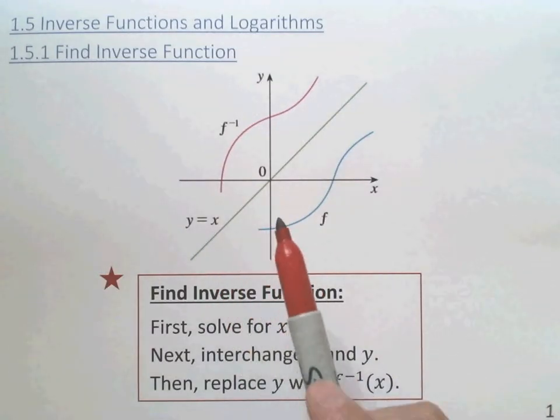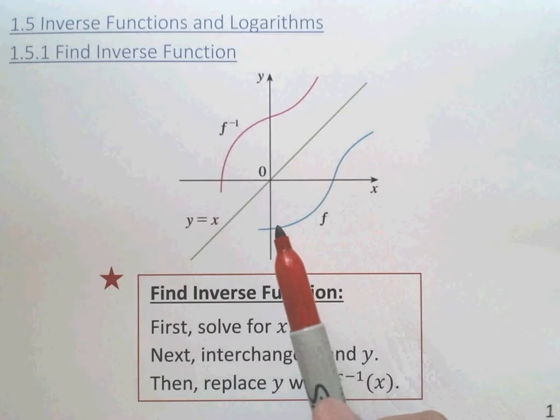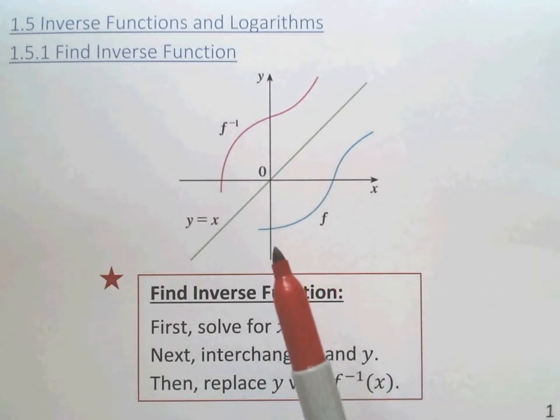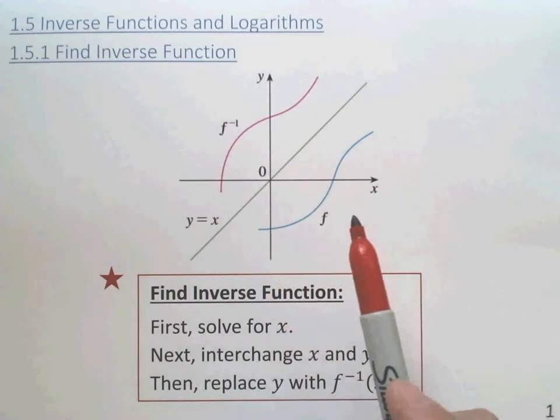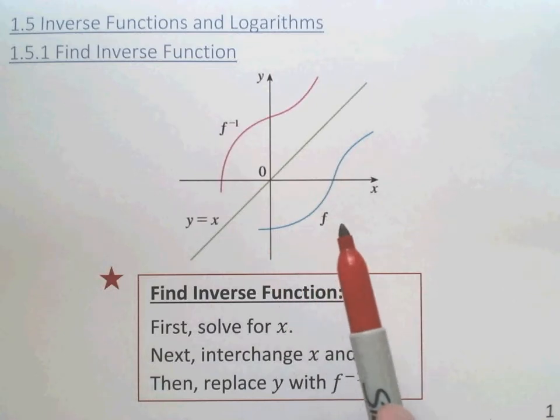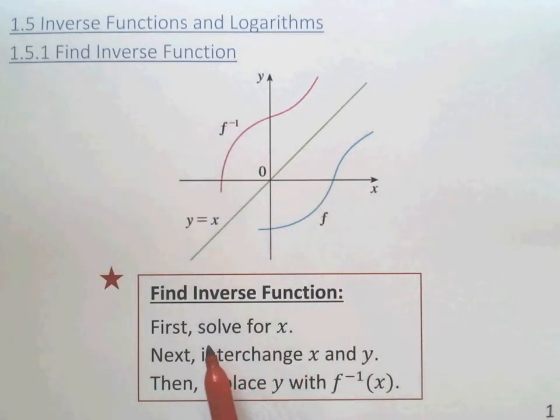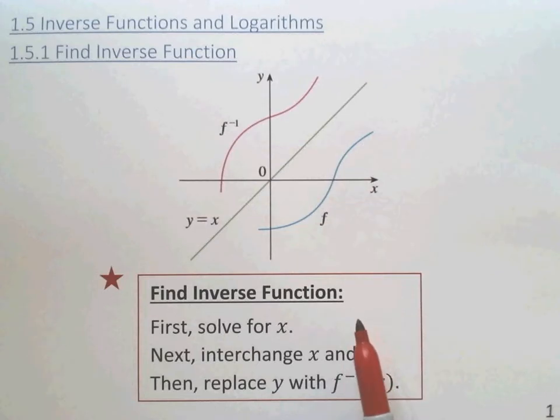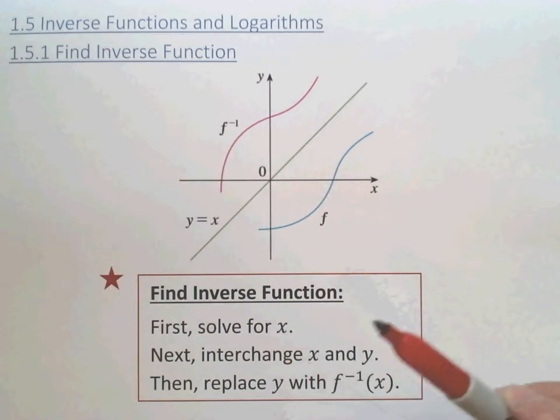First, solve for x, to get x equals some expression in y. The next step, we interchange x and y, and finally replace y by the inverse notation. The steps are easy, so you should remember them.